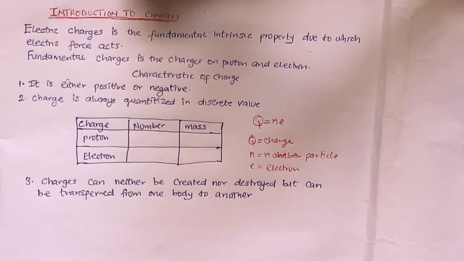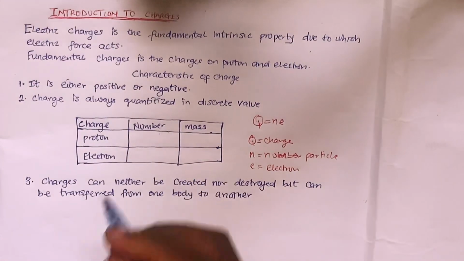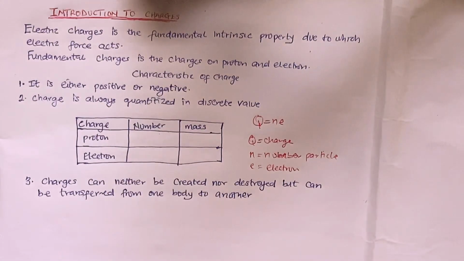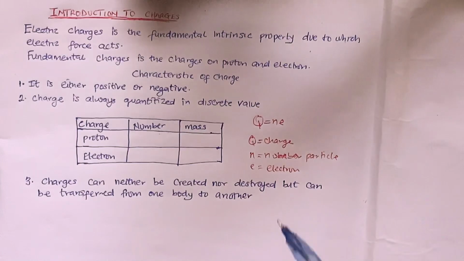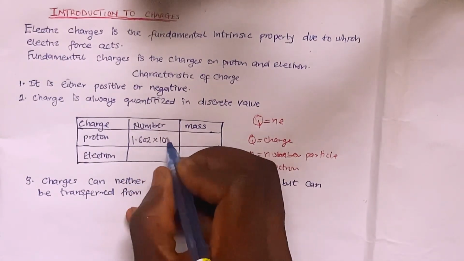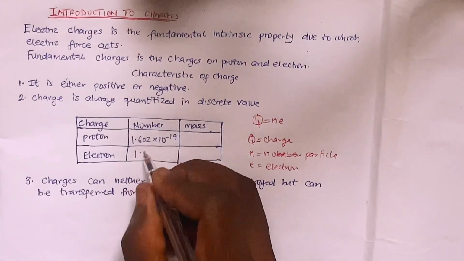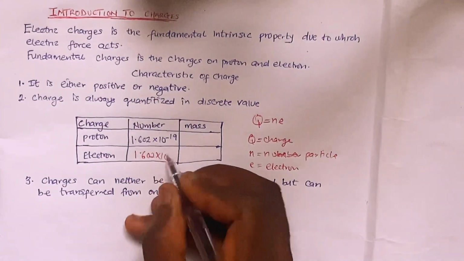So now look at this. We have our charge here, we have number here, and also the mass. As far as proton is concerned, proton has the same magnitude of charge as electron, which is 1.602 times 10 to the power minus 19. And that of electron is 1.602 times 10 to the power minus 19.